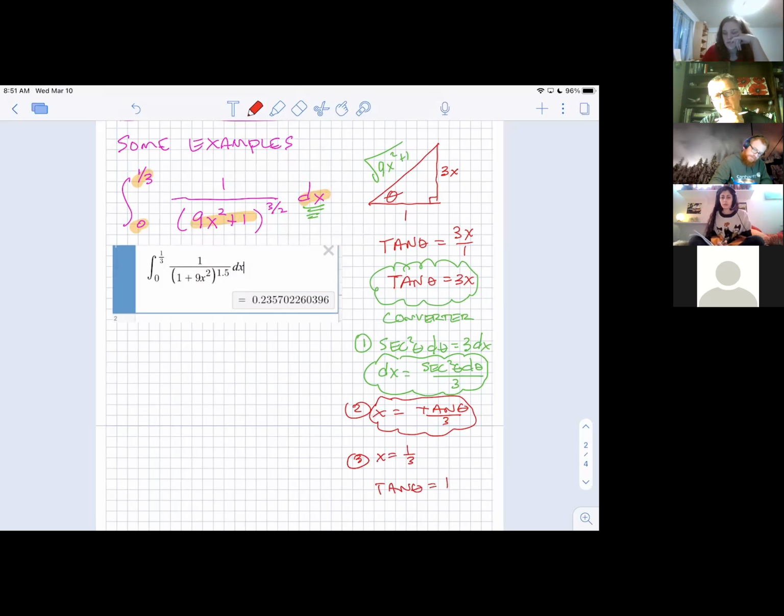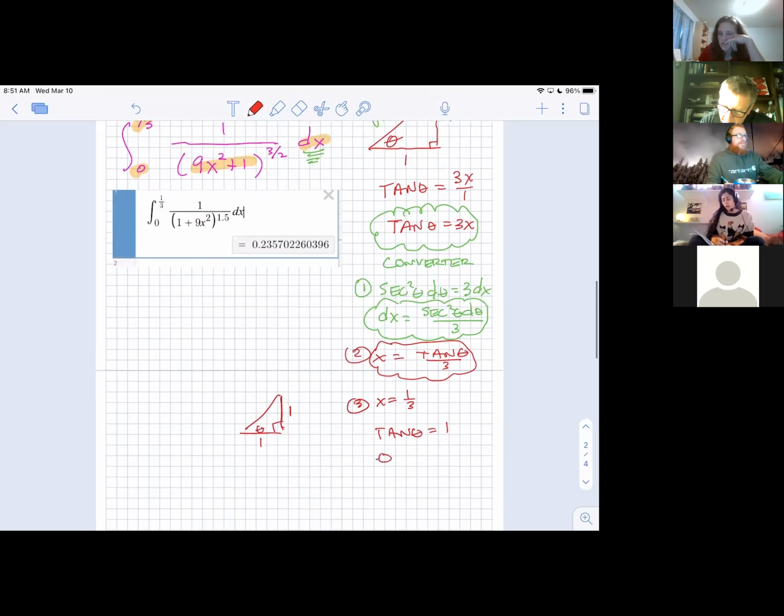Again, you should know the answer to this from the unit circle. If the tangent is 1, then doesn't that mean the triangle has 1 over 1? The tangent of theta is 1/1. What angle is that? 45 degrees, or square root of 2 over 2 on your unit circle.